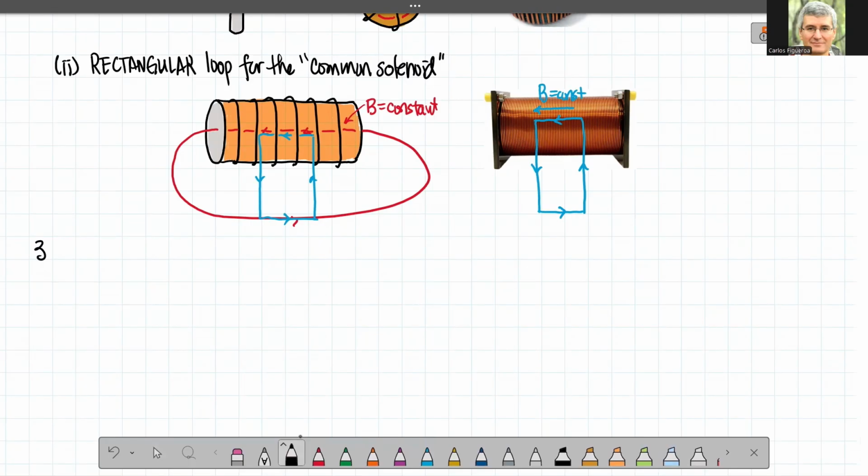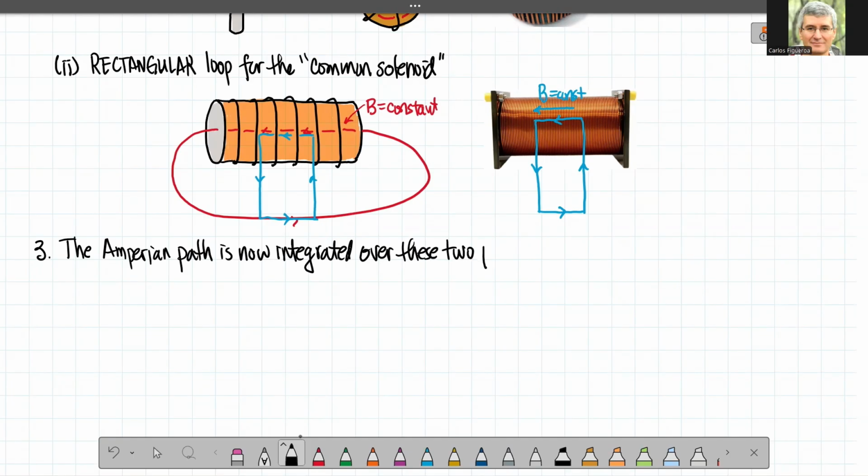So because of this, we could say the following. If I look at this third thing here, the Amperian loop or the Amperian path is now integrated over these two possibilities.